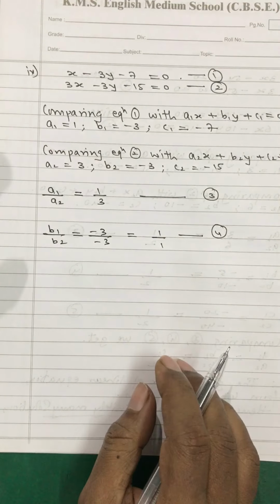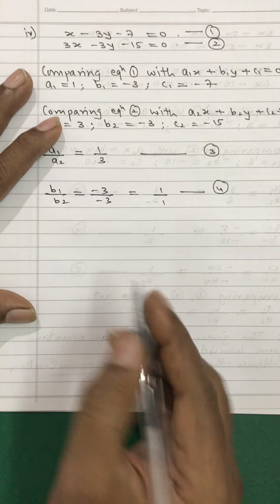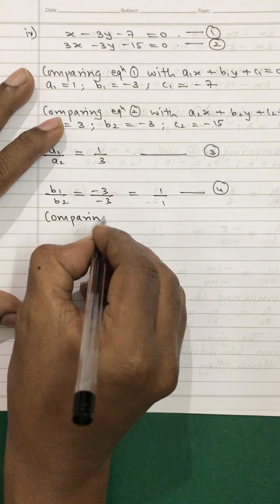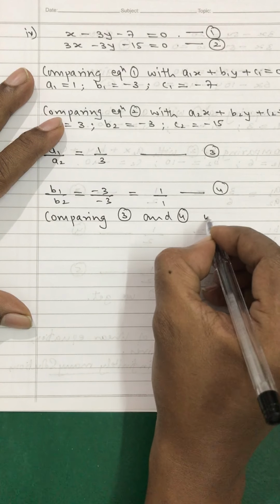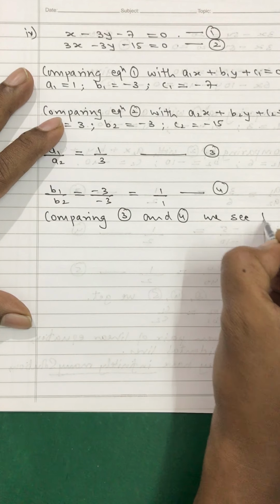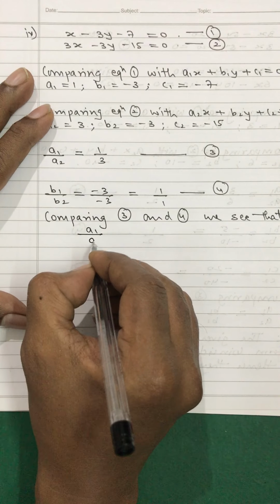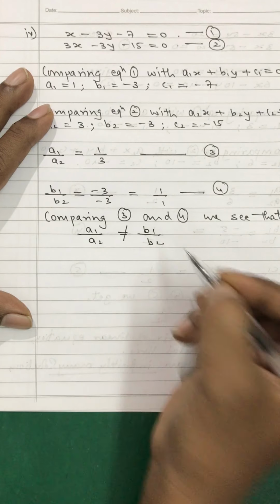Of course, now I can see that a1 upon a2 is not equal to b1 upon b2. So no need of going for c1 upon c2. So comparing 3 and 4, we see that a1 upon a2 is not equal to b1 upon b2.